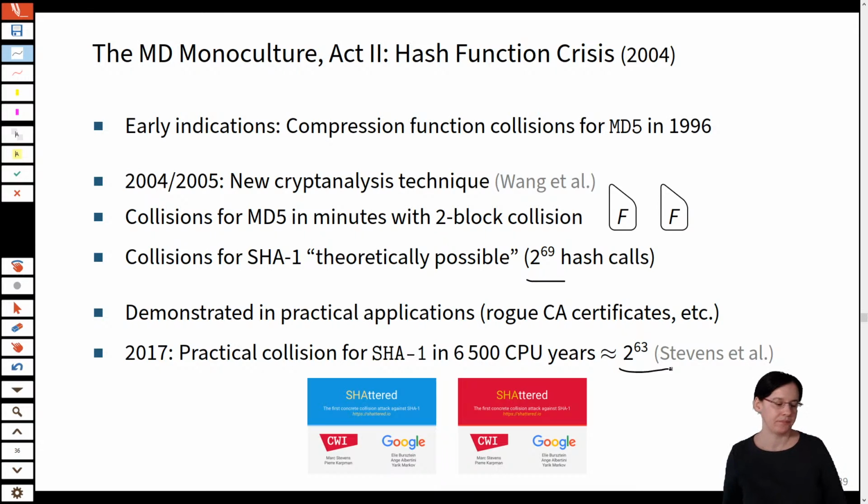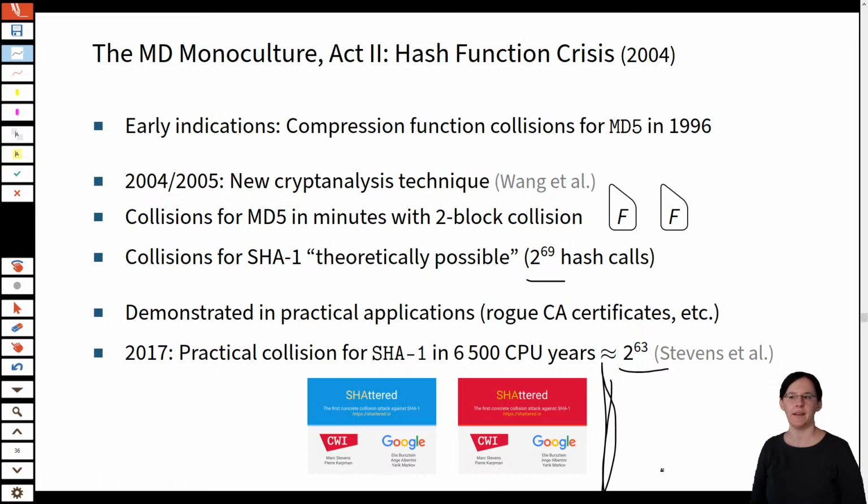But they still found the collision, and they constructed it in a very useful way, so that it was not just a message of random garbage, but had some actual meaning. In particular, they created two PDF documents which are obviously different and still have the same hash value.